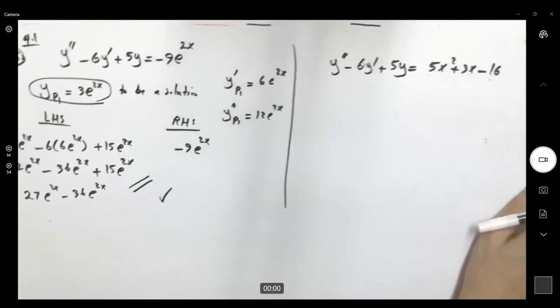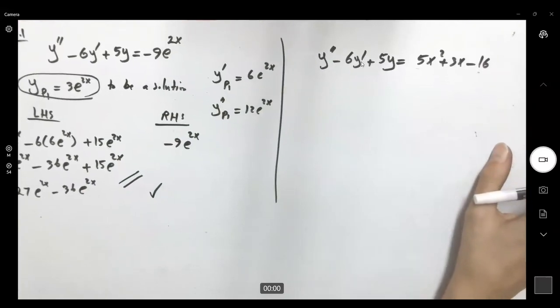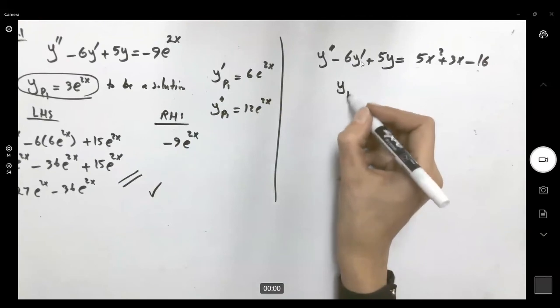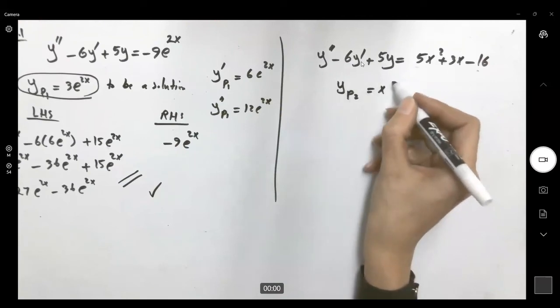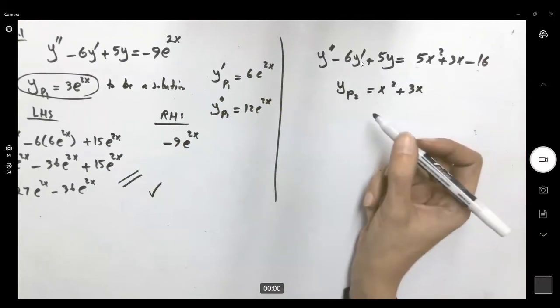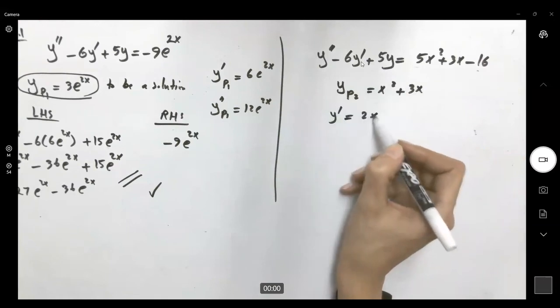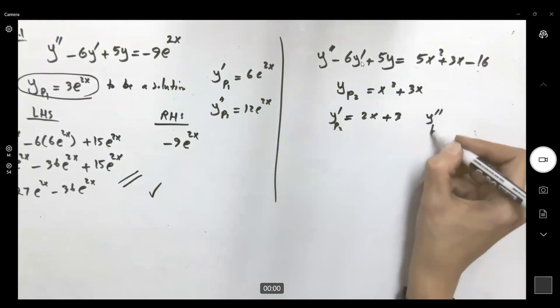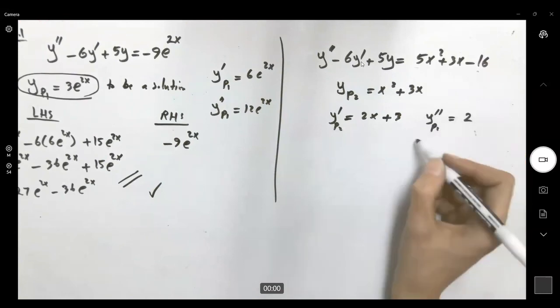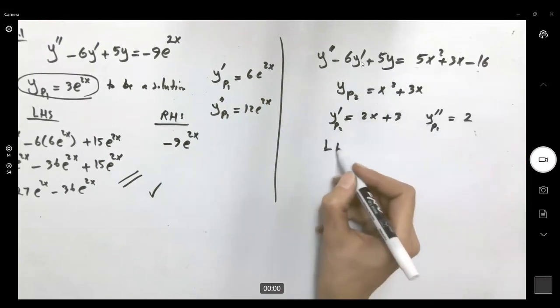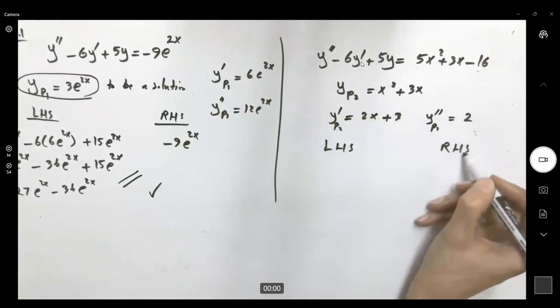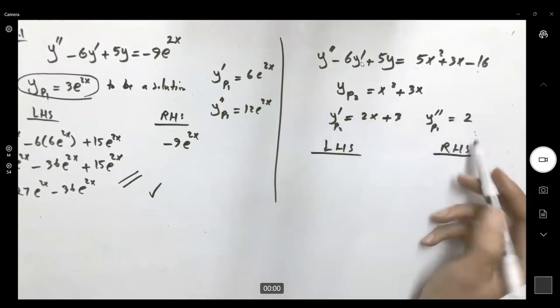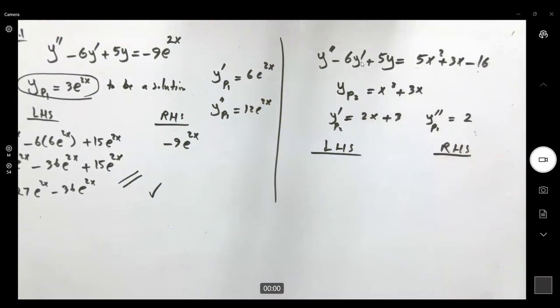And it says, hey, you have a particular solution, which is given to you as y sub p2, which is x squared plus 3x. So we have the first derivative, 2x plus 3, and the second derivative is 2. Just plug into the left-hand side and right-hand side. We're not worried about the right-hand side, it's just a quadratic expression.